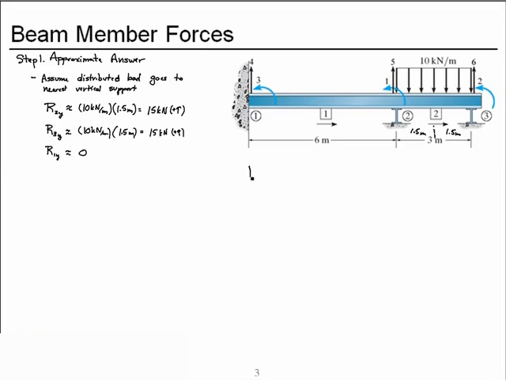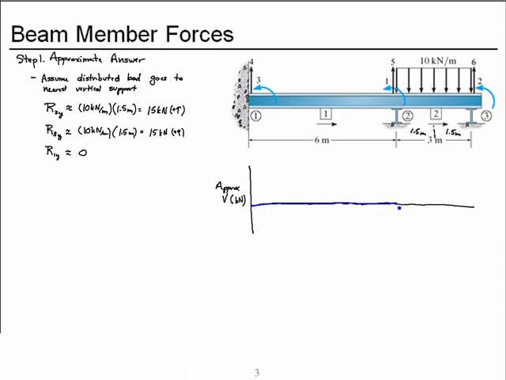Well, if we construct our approximate shear diagram in the units of kilonewtons, we begin at 0, and the shear diagram stays 0 because there's no applied load, so we have constant shear. And since the magnitude was 0, it stays 0.